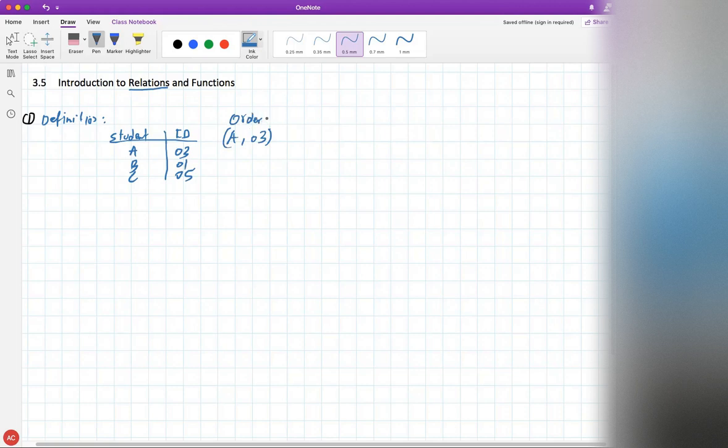In the same way, student B is related to ID 01, and C, same way, is 05. So that is a relation.